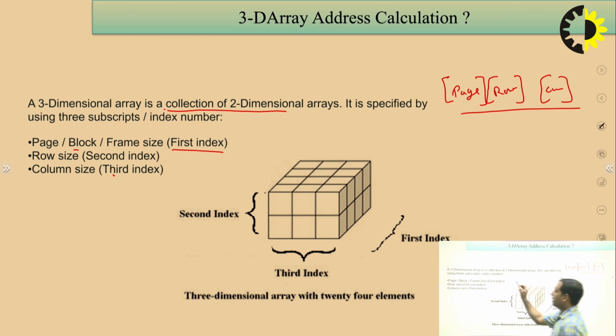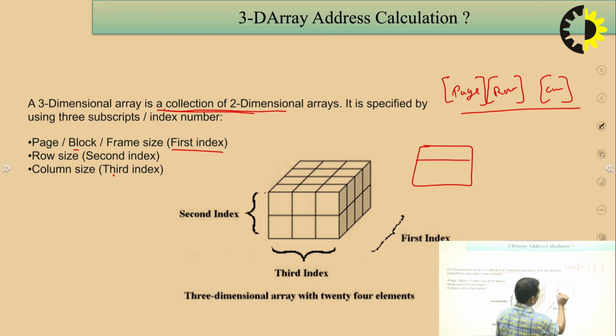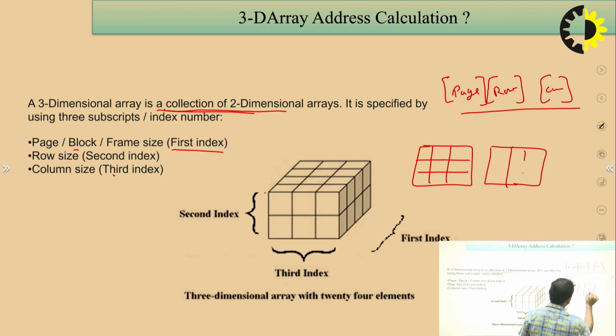As we have mentioned here, this is a collection of 2D arrays. So we can also see it in this form. Just imagine, this is a 2D array, this is another 2D array of the same size, this is another 2D array of the same size.